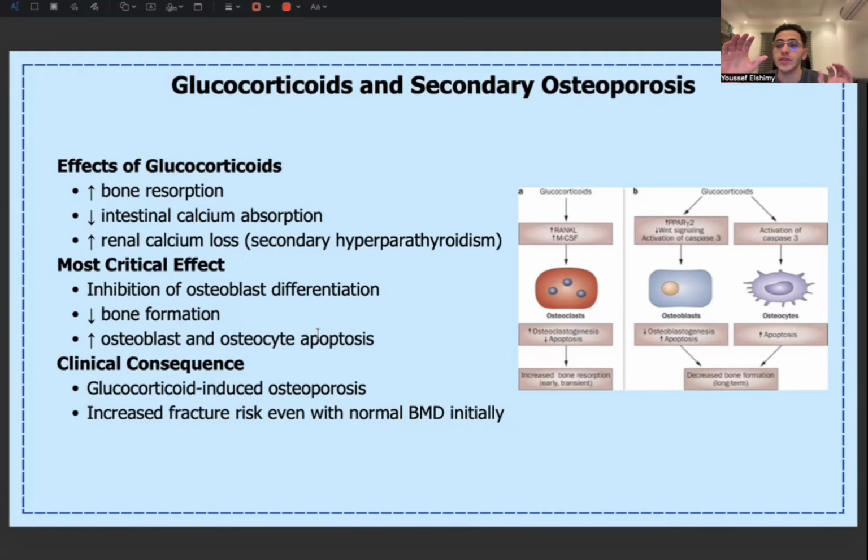If bone formation decreases, it favors bone resorption. If bone resorption decreases, it favors bone formation. So it's a balance between the two entities. So as a clinical consequence, we have glucocorticoid-induced osteoporosis. So what happens is that there's increased fracture risk, even with normal bone mass density.